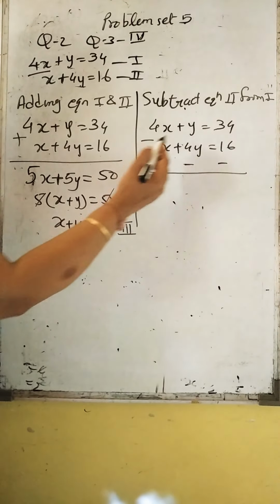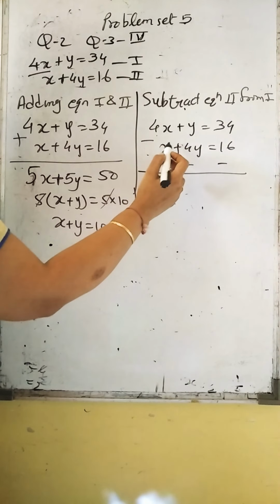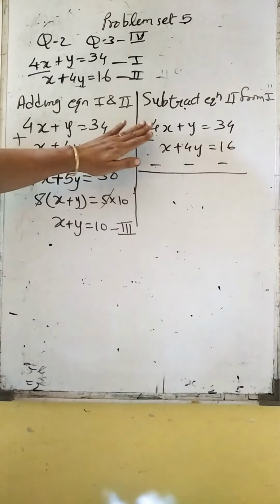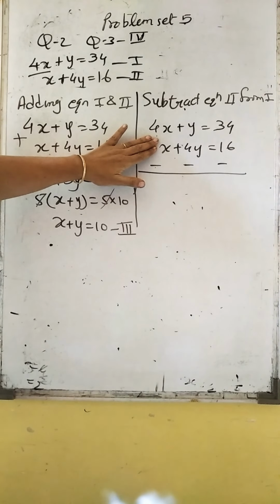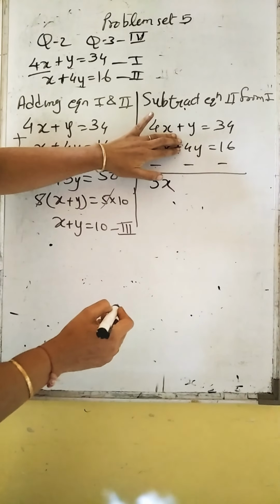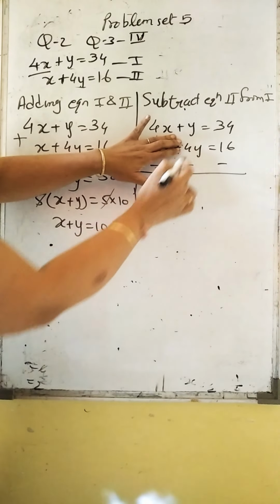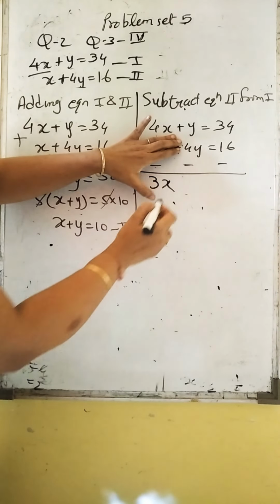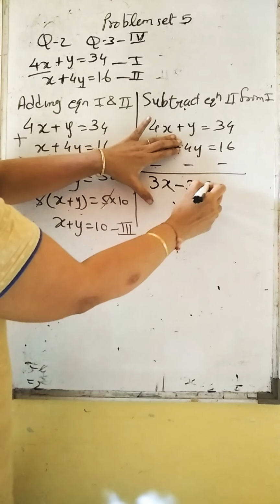Now you come here. 4x minus x. It is a subtraction, so we will hide the middle term. Middle term, whatever the sign is there, that sign we are going to hide. So 4x minus x, so it will become 3x. Now plus y minus 4y. So 1 minus 4 is minus 3.